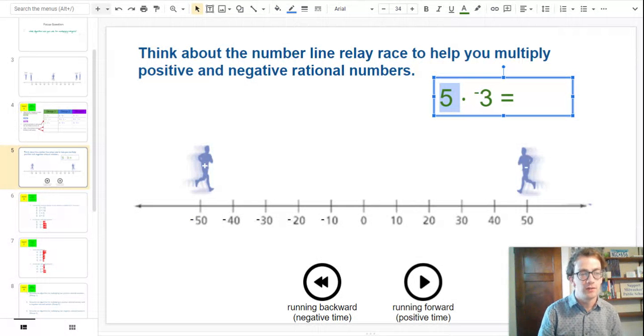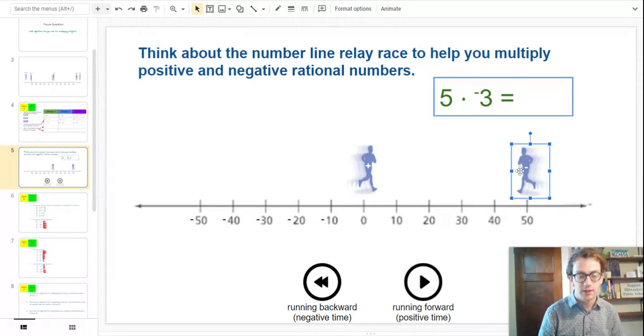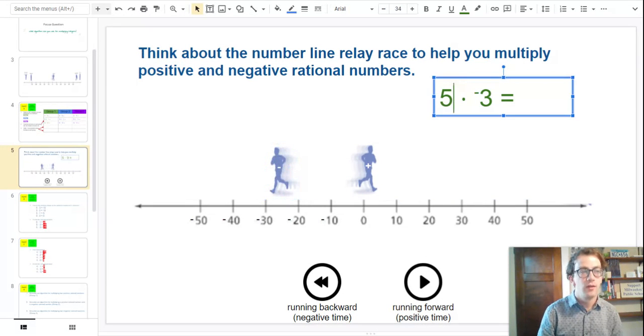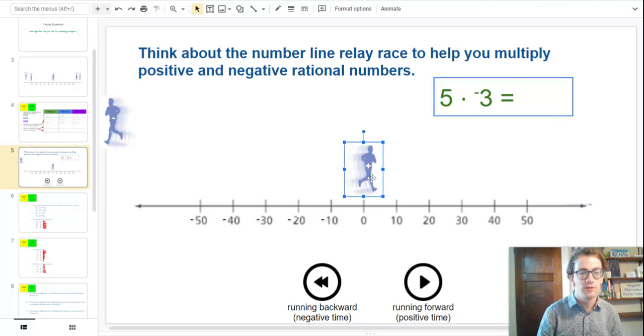First thing I'm going to do is then say, okay, which direction is the person running? Are they running up the number line in the positive direction, or are they running down the number line in the negative direction? Well, the first number says positive 5. So I know I can get rid of this guy, and I'm going to focus on the runner who's going in the positive direction, running up the number line in the positive direction.